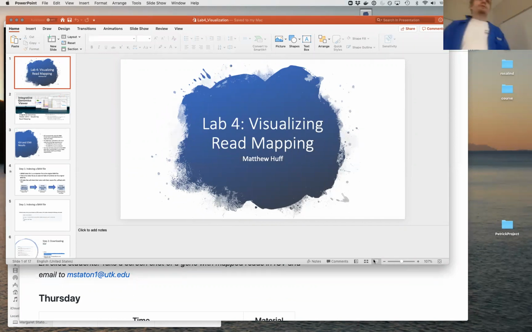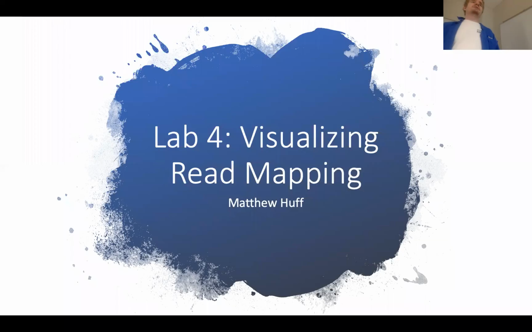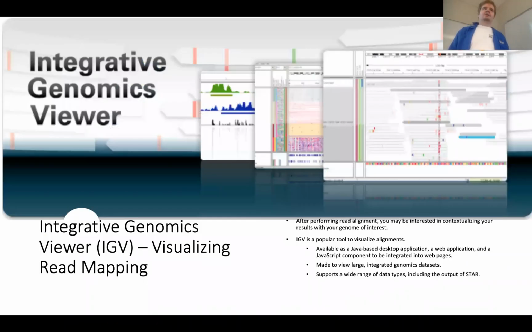For my slides, I like to go through what we're going to do before we run it, and then we can go back and run through it together. So today I'm going to be talking about how you can visualize the results of an alignment such as STAR. We're going to be working with IGV, the Integrative Genomics Viewer. It is my personal favorite tool for visualizing gene mapping.